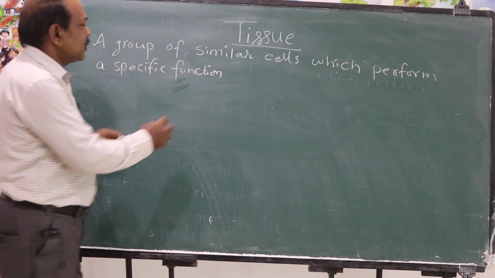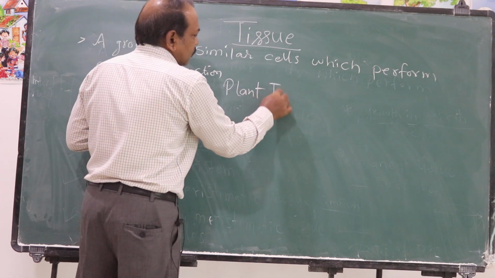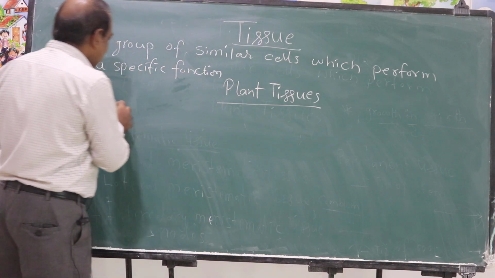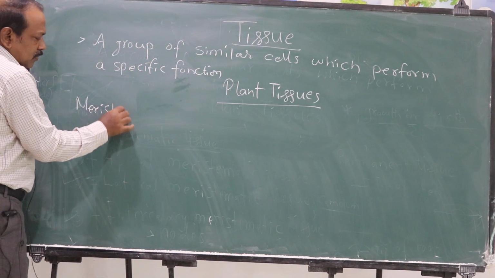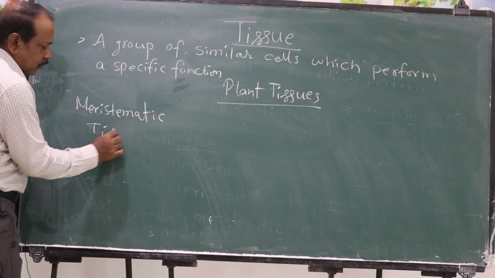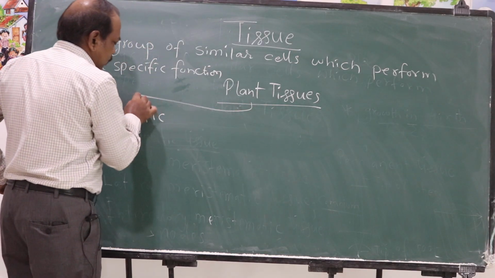Now coming to plant tissues. Basically there are two types: meristematic tissue and permanent tissues.